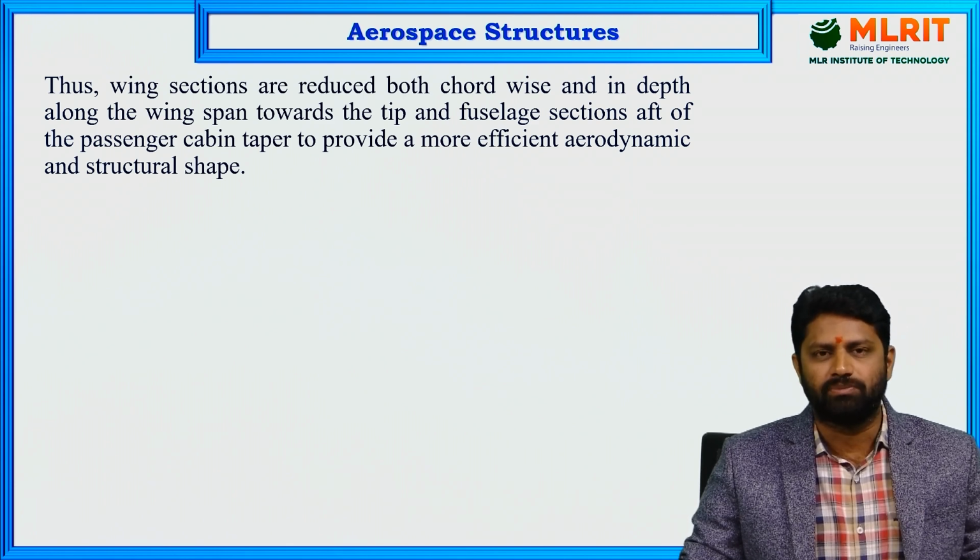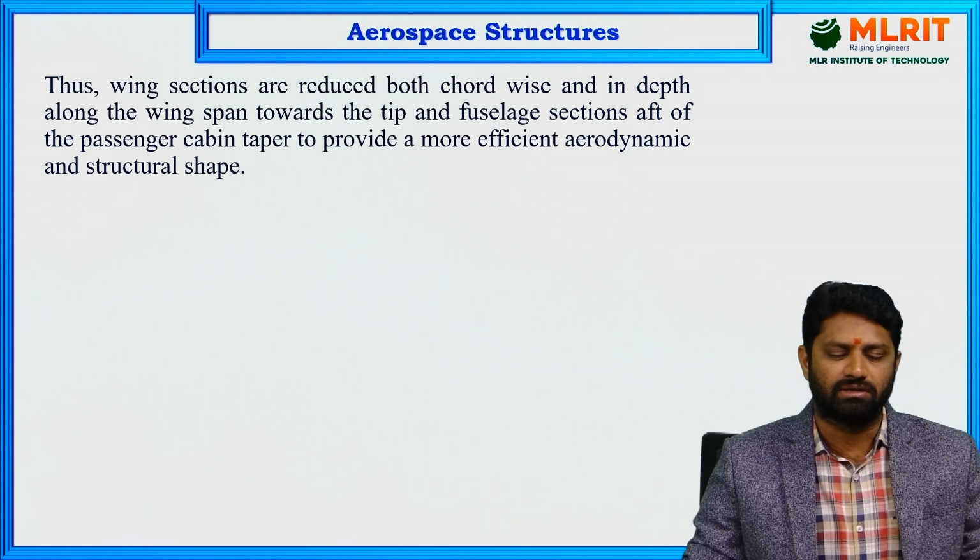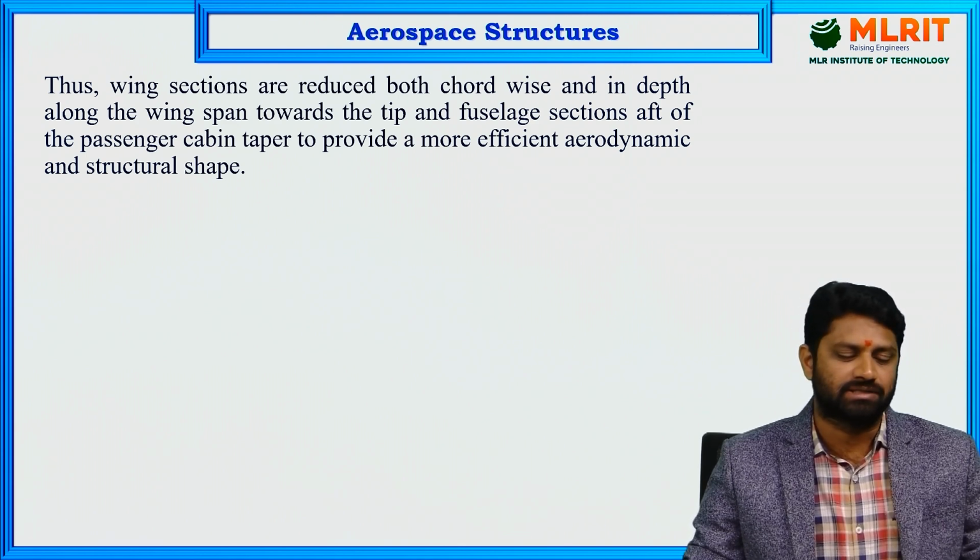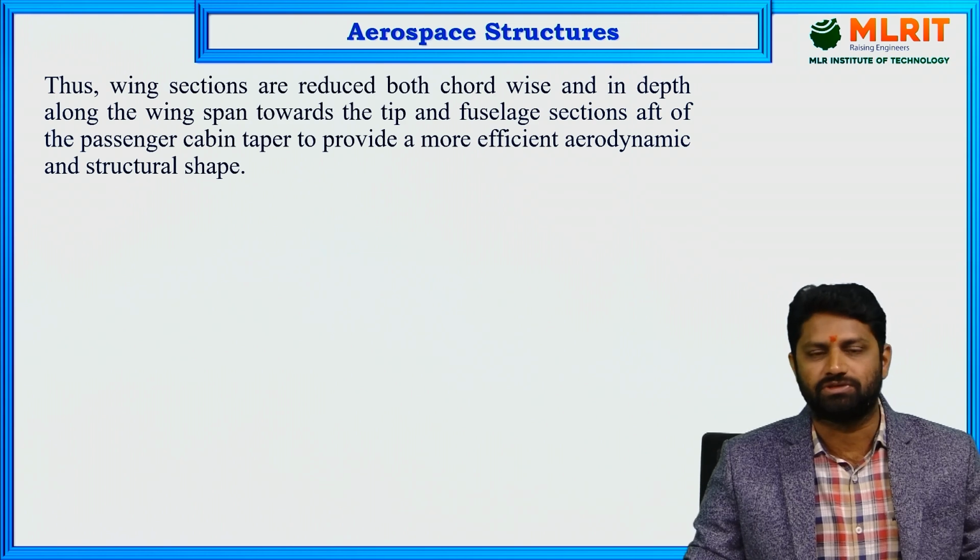So usually both wings and fuselage are provided with taper in chordwise as well as spanwise direction, so that we can improve the aerodynamic efficiency as well as the structural efficiency, and they give much better results than the wing and fuselage without taper.